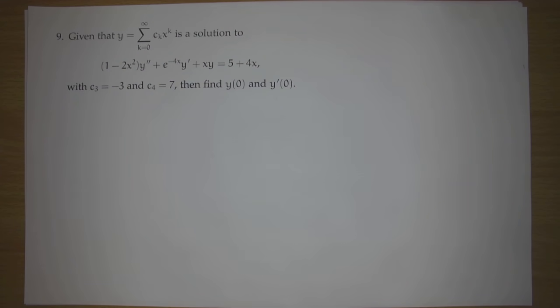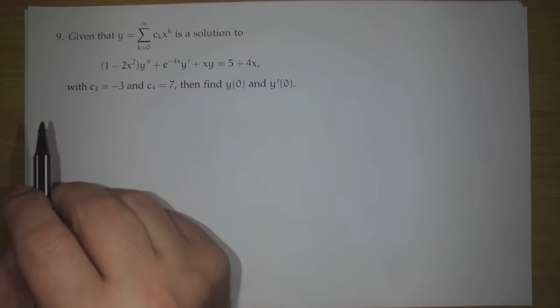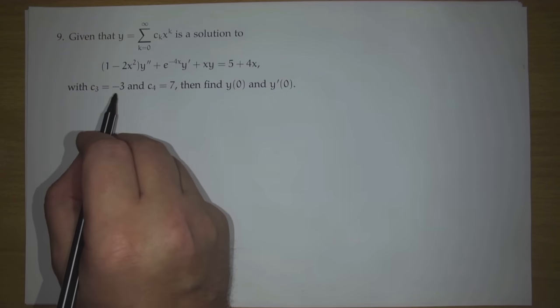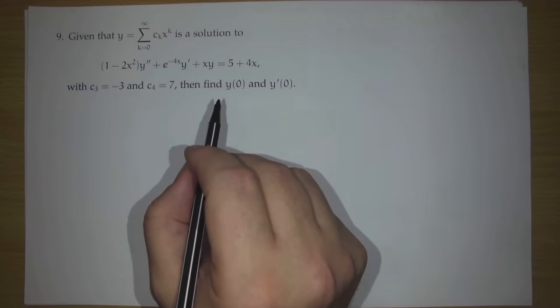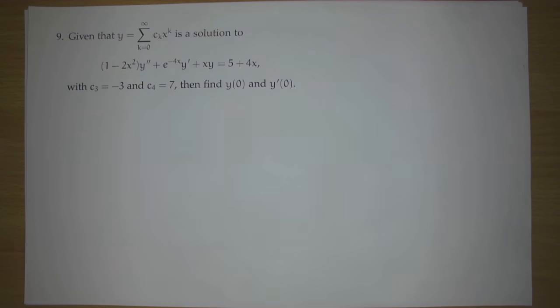I guarantee you this is worse than what you will see on the exam. I just don't want you to get nervous, but we practice hard ones, so on the exams, they'll seem not so bad. So, we're told that C3 is negative 3 and C4 equals 7. We're asked to find y of 0 and y prime of 0.